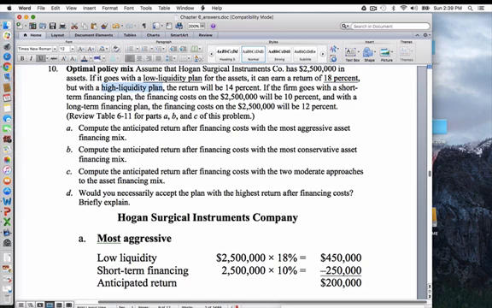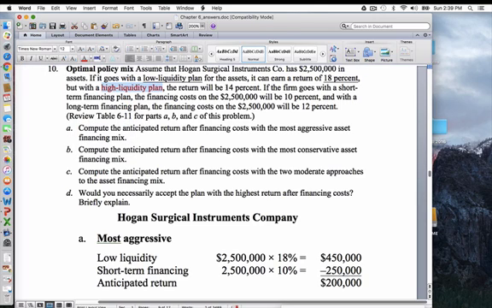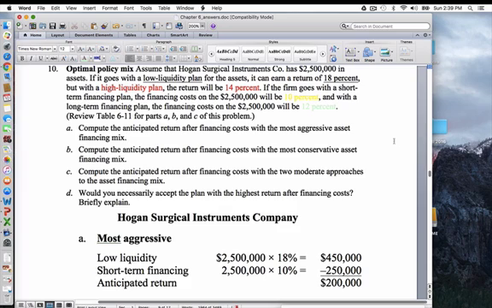With a high liquidity plan, it is going to be 14%. If the firm goes with short-term financing, it will be 10%. And with long-term financing it is going to be 12%.